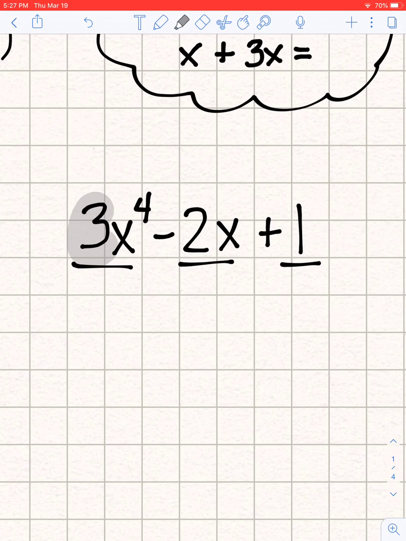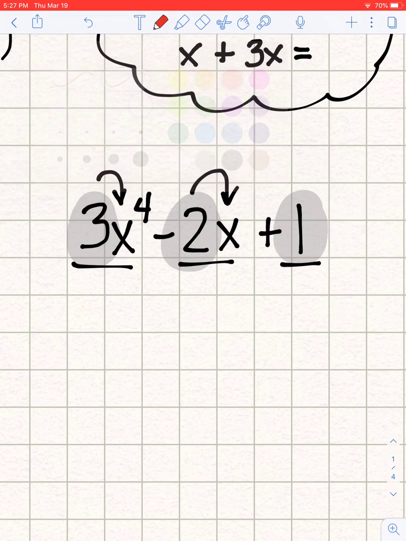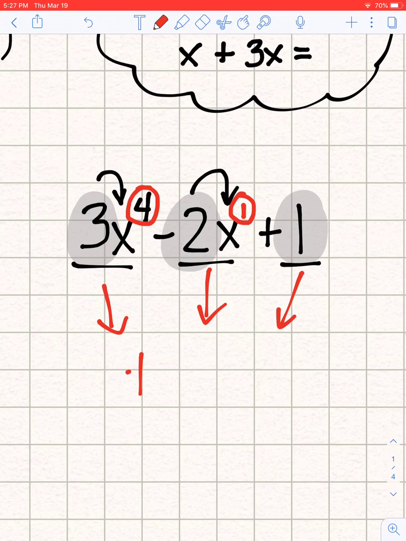Remember, the 3 in the front and the -2 here are called coefficients because they're each attached to a variable. The 1 is referred to as a constant, and when we say degree, we are talking about those little exponents. So this has an exponent of 4, and there's an exponent of 1. So that's when we talk about the degrees, that's what we're looking at. Again, it has 3 terms. These are each a term.